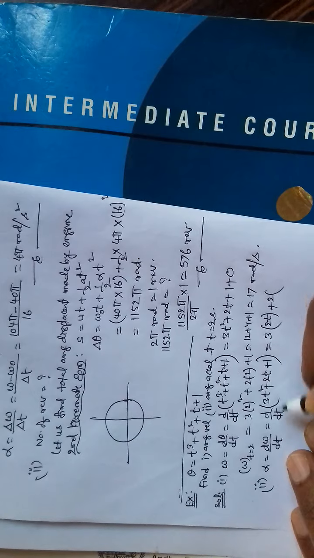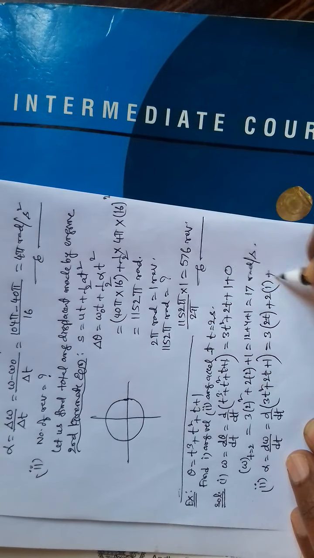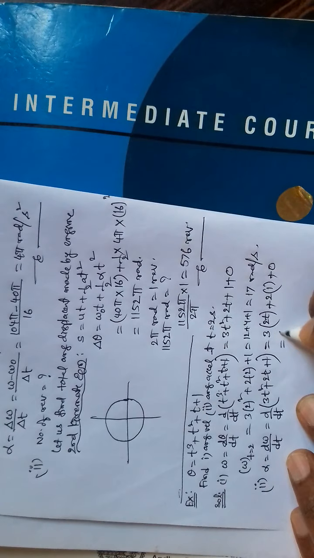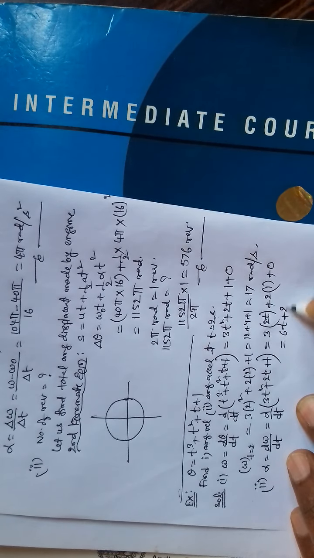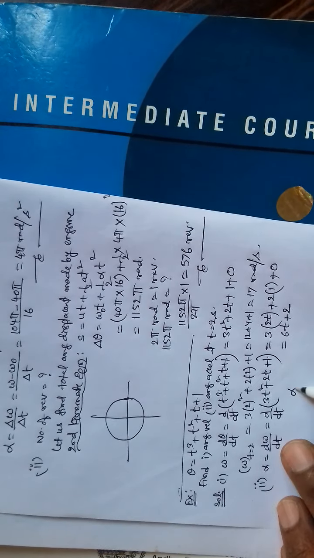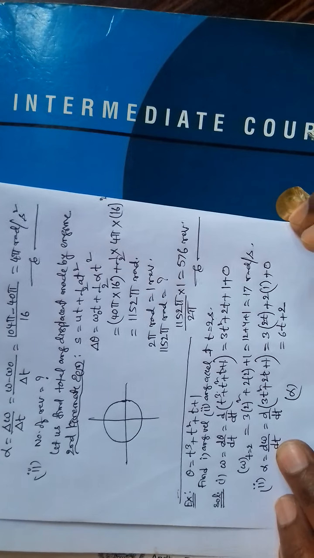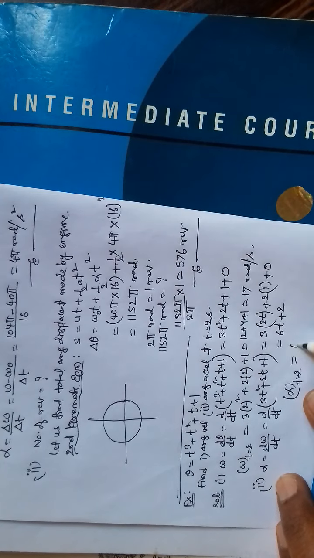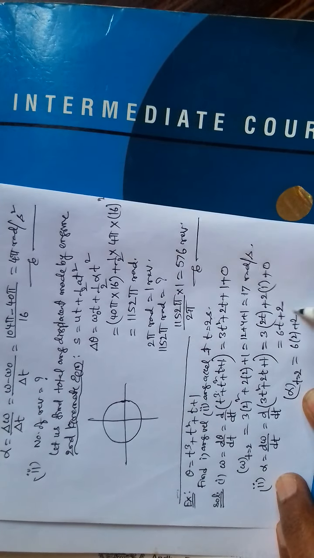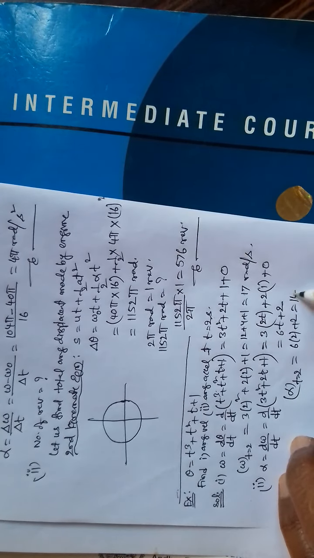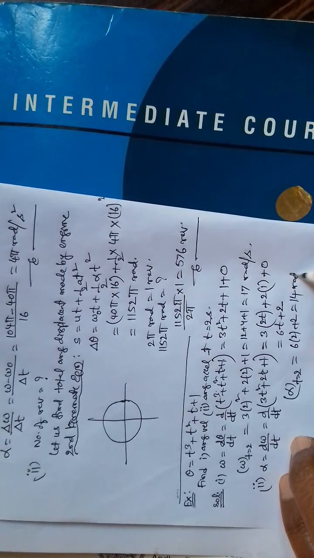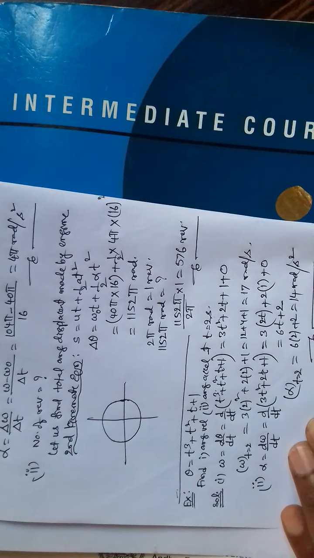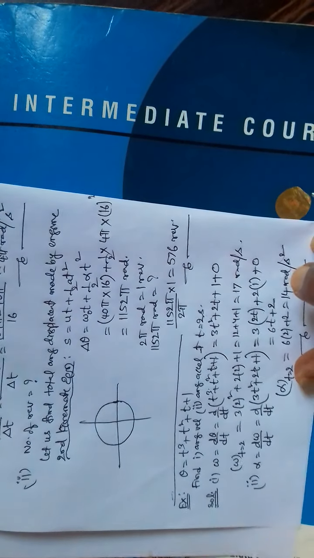If you differentiate t with respect to t, you get 1 value, plus constant means 0. So you get 6t plus 2. And angular acceleration at t is equal to 2 seconds is 6 into 2 plus 2, 14 radian per second square. So in this way we do this.